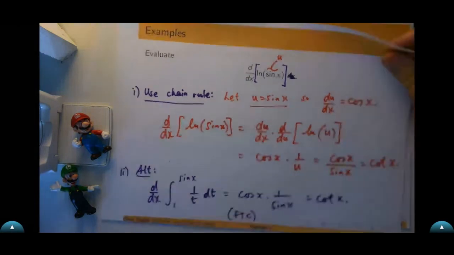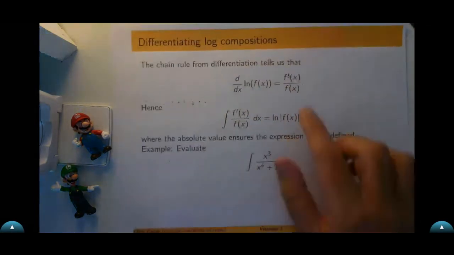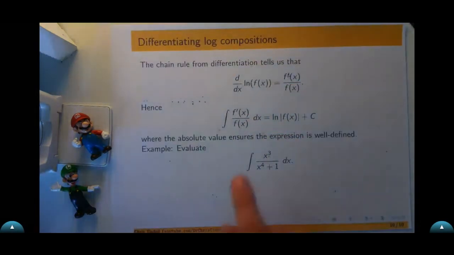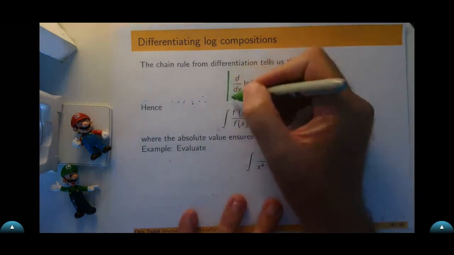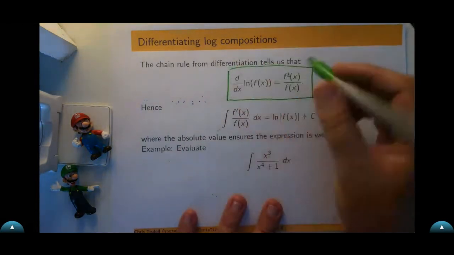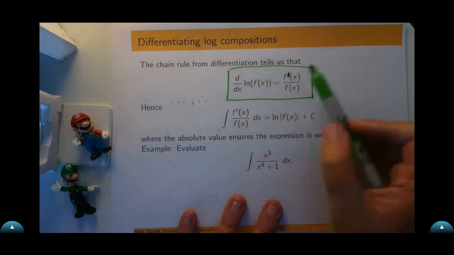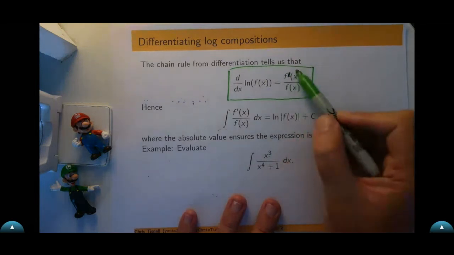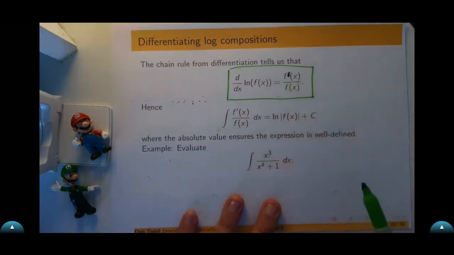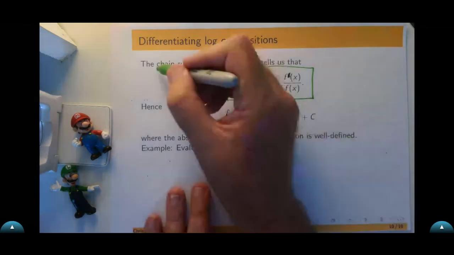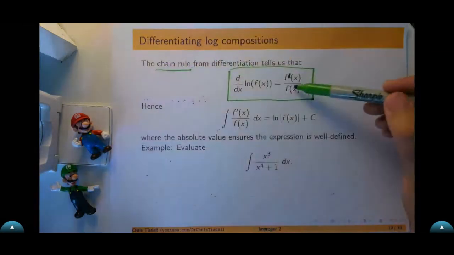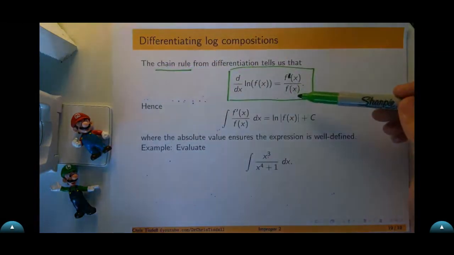So you probably know this already, but it doesn't hurt to say it again. If I'm differentiating the logarithm of a function, then it's just the derivative divided by the function. You can prove that using the chain rule, but this is kind of nice for integration.